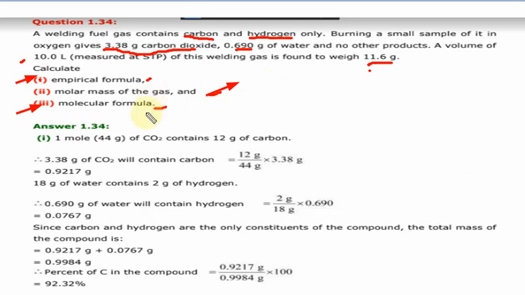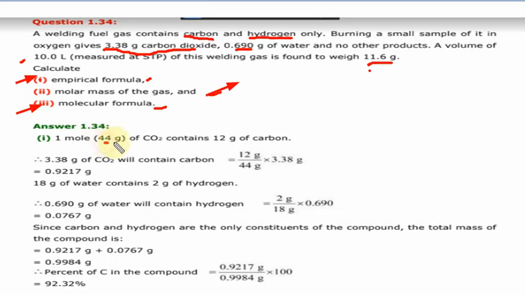Very easy. The first is 1 mole of carbon dioxide. Why are we talking about carbon dioxide here? Because they have told us that this product gives this much carbon dioxide. So 1 mole, or you can say 44 grams.